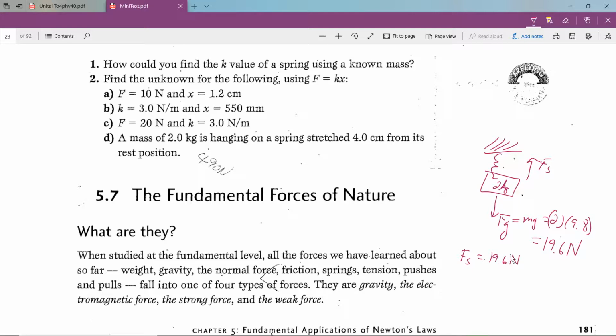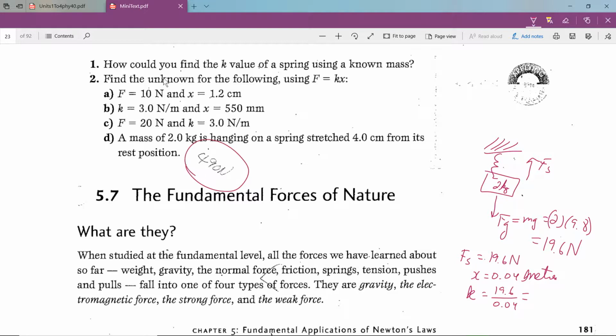My x is 0.04 meters. So I can get my k, because k is Fs over x, so 19.6 over 0.04. 19.6 divided by 0.04 is 490 newtons per meter, and we have the answer right there.